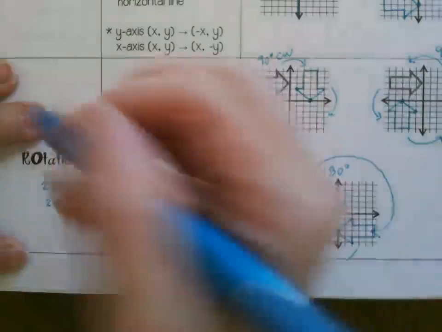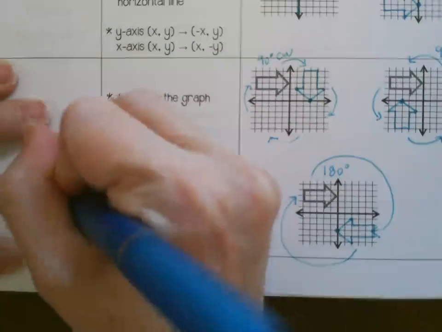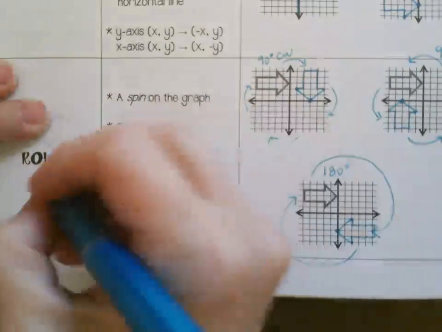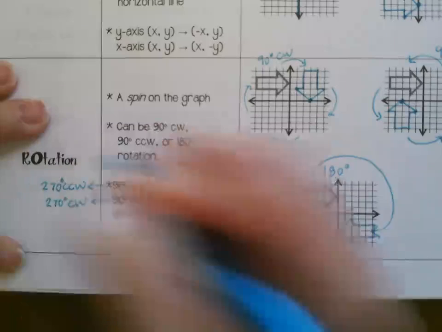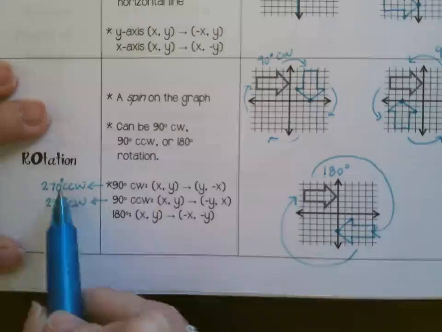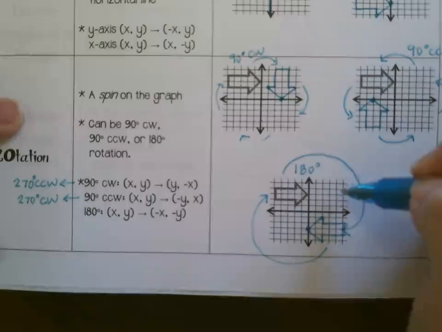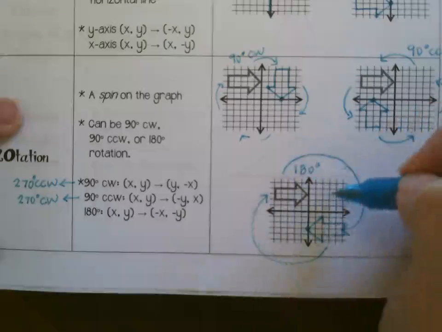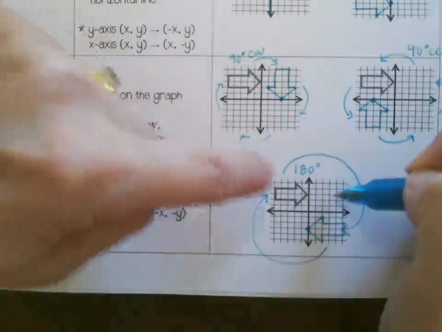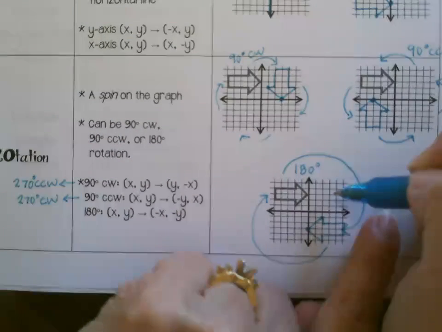Well, good thing I'm using my erasable pen here. So 270 degrees counterclockwise. And basically, I think this should make sense, since each quadrant is 90 degrees, if I go 1 turn to the right, that would be the same thing as making 3 turns to the left.